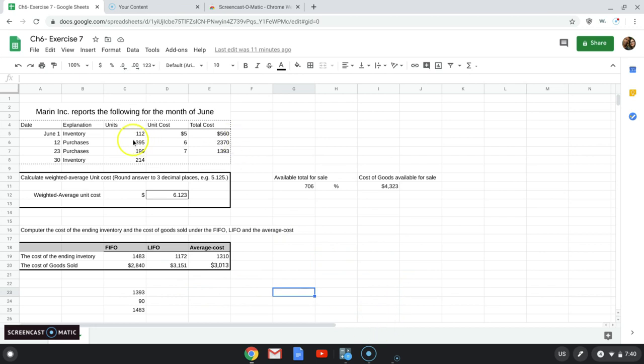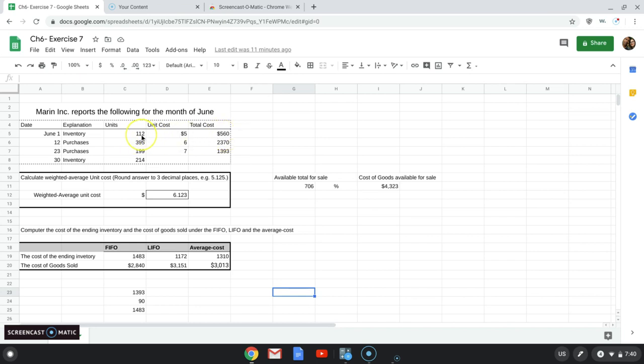So we already have one resolved, which is the 112, the first inventory of this report, which is 112 units times 5, which is 560.